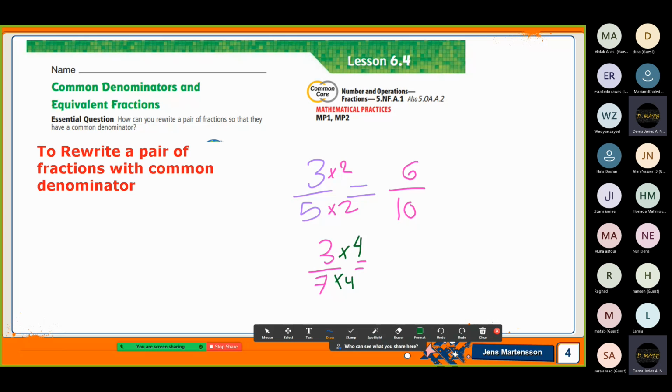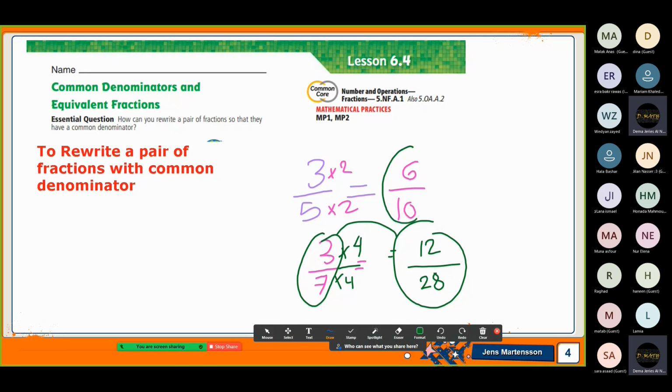I can multiply by 2, by 3, by 4 as I want. 3 times 4 is what? 12. Bravo. 7 times 4? 28. So 12 over 28 is an equivalent fraction to 3 over 7. And 6 over 10 is an equivalent fraction of 3 over 5.